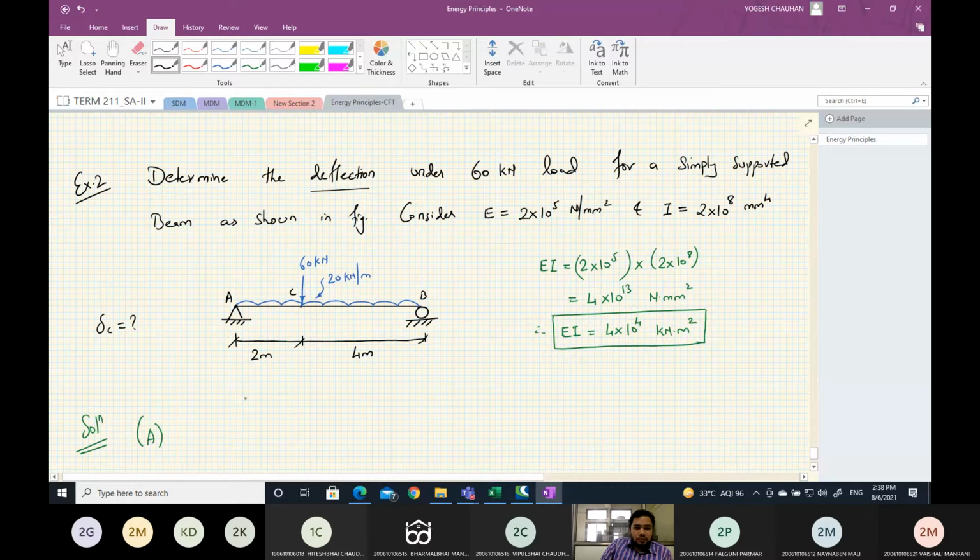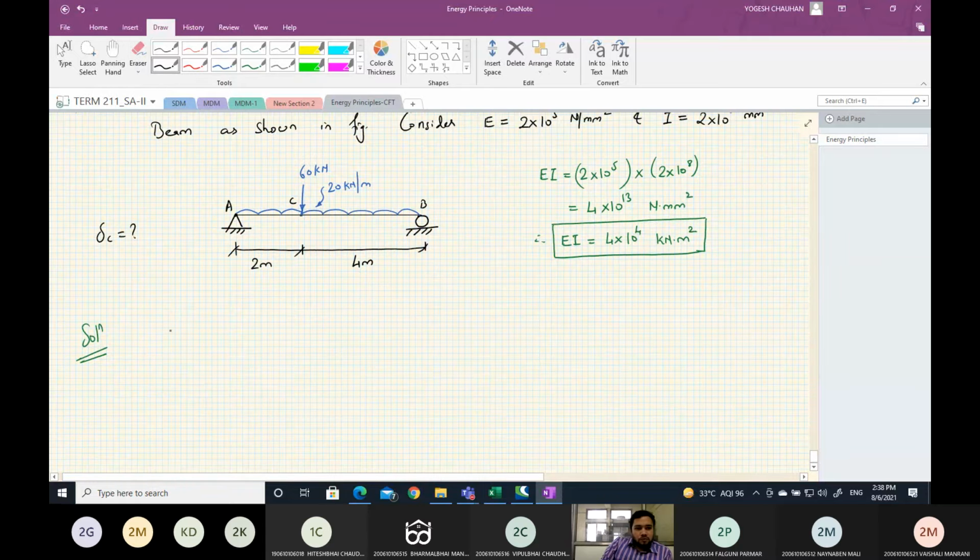So consider a fictitious load P equals to 60 kN. Then you can formulate the expression in terms of P. But for that, here this is a simply supported case, so you have to find the support reactions also. So let us find the support reactions in terms of P.